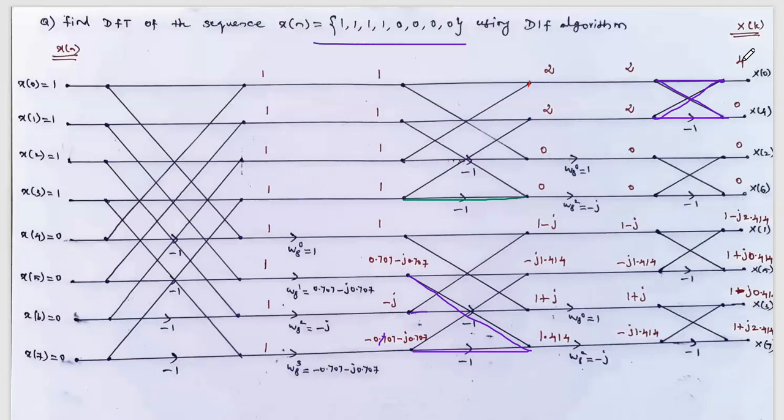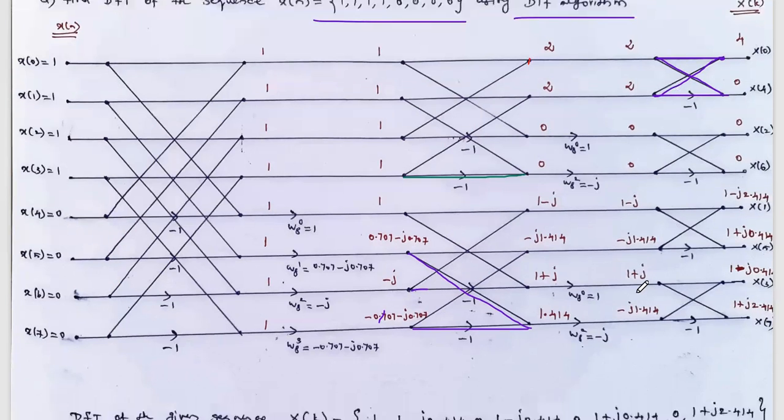But here in the DIF algorithm, this X of k is not in natural order. It is in bit reversed order. Bit reversed order means the output appearing in the first line is capital X of 0. The output obtained in the second line is not X of 1, it is capital X of 4. Then this is X of 2, X of 6, X of 1, X of 5, X of 3 and X of 7.